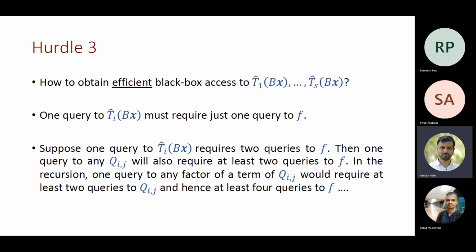So the number of queries to F blows up with the depth of the recursion. And the depth of the recursion can be as large as n. So if one query to a term required even just two queries to F, we would end up with an algorithm of exponential running time. So one query to a term must require just one query to F. And this is the third and final hurdle.